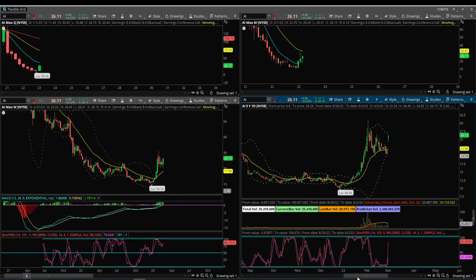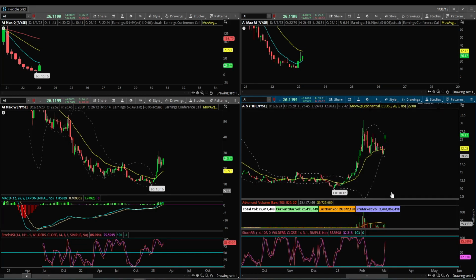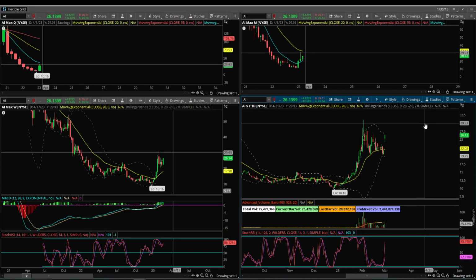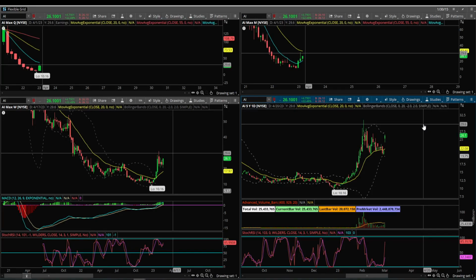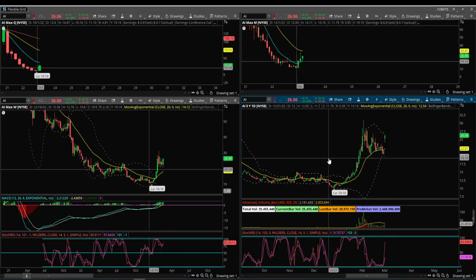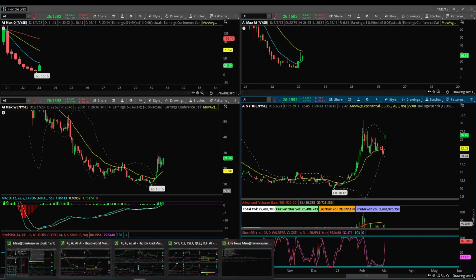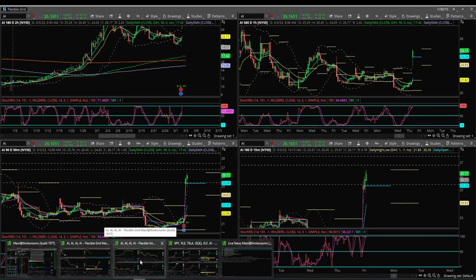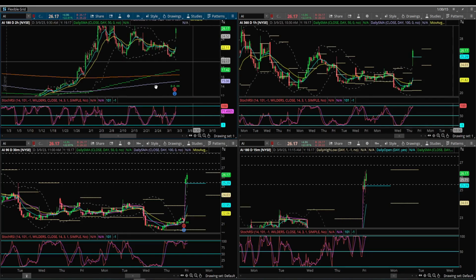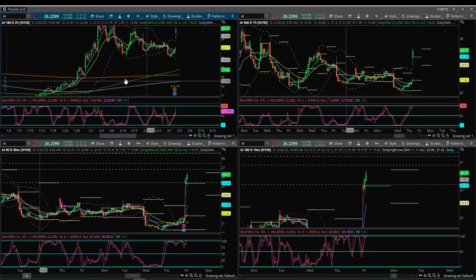I don't like putting the 50, 100, and 200 moving averages because I just feel like it complicates the charts more. In trading, you just want to keep it as simple as possible. But I do realize that those moving averages are vital pieces of information that you need to have when you're trading. So I plot these on my intraday charts, so you can see these here.